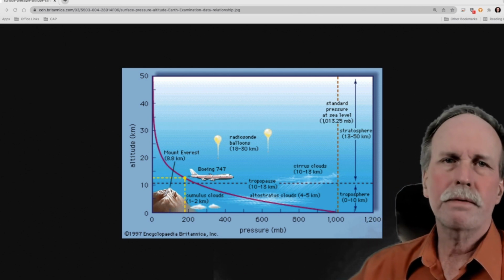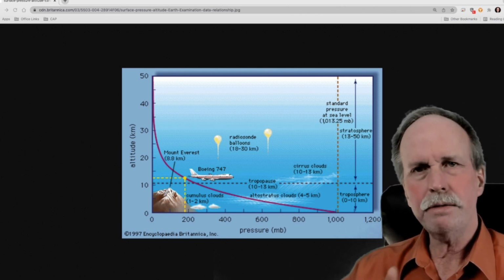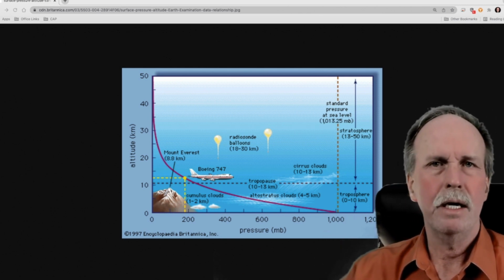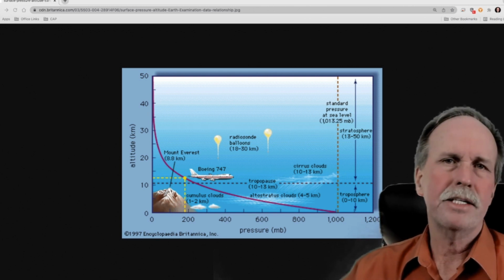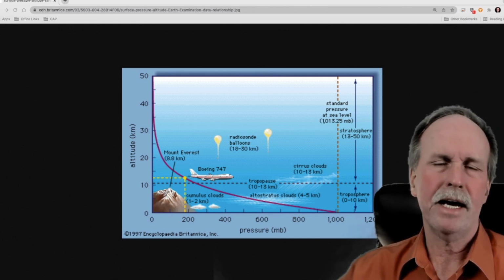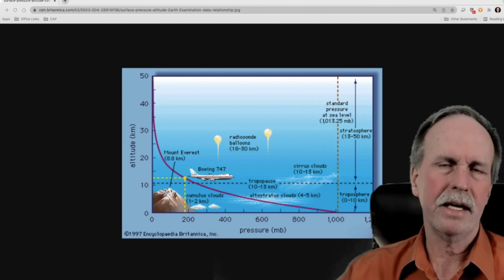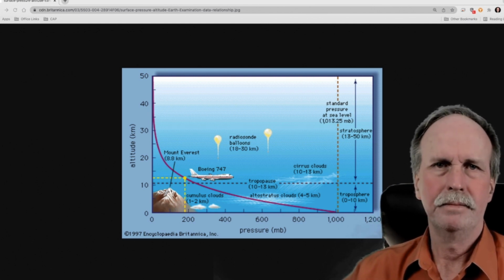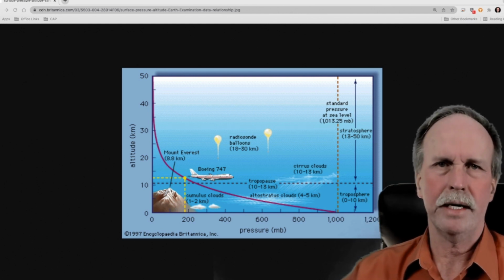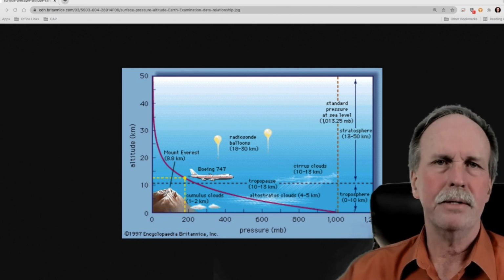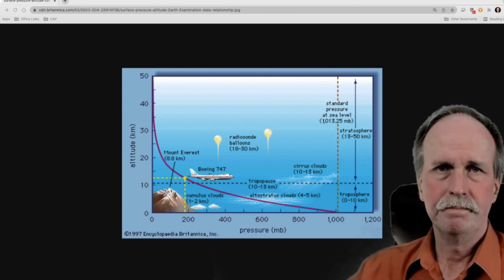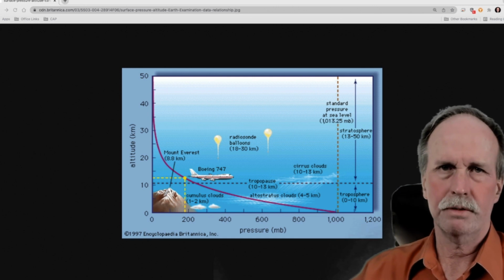We don't see either of those situations. What we do see is this, a pressure gradient, which mandates that there is an external force acting on the mass of the gas in our atmosphere. You cannot have a pressure gradient in a thermodynamically isolated system. You have to have that external force.